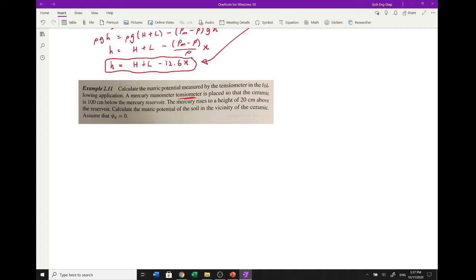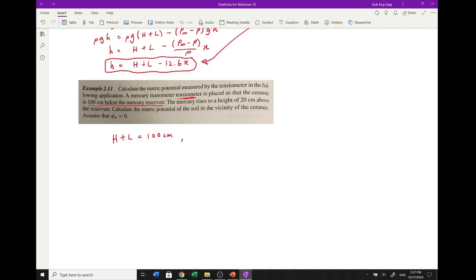So in this case, h plus L equals 100 centimeters, below the mercury reservoir. The mercury rises to a height of 20 centimeters.